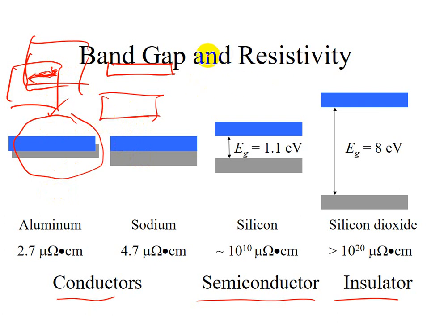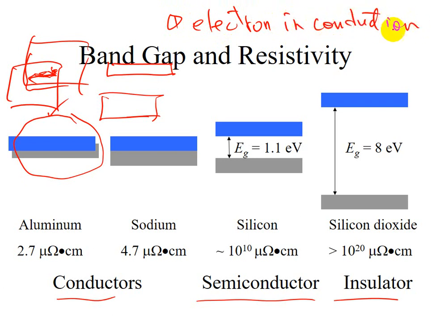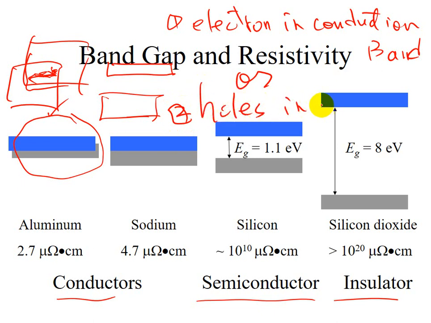To define a conductor, there are two criteria. The first will be electron in conducting band. Or second criteria, hole in valence band.